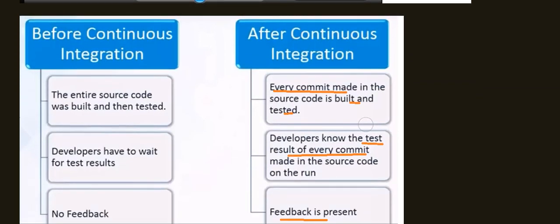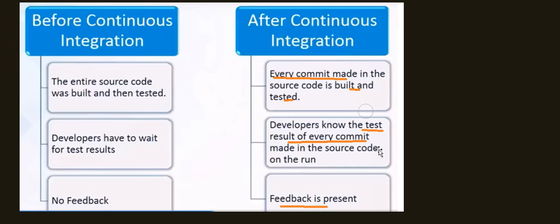Now what's the issue? Before continuous integration, the entire source code was built and then tested. But after continuous integration, every commit made in the source code is built and tested, right? Before, developers had to wait for the test results.